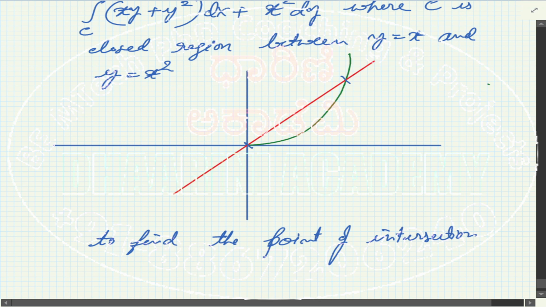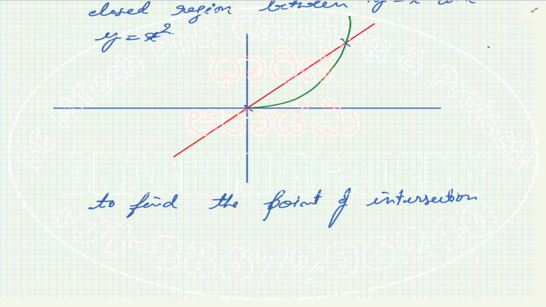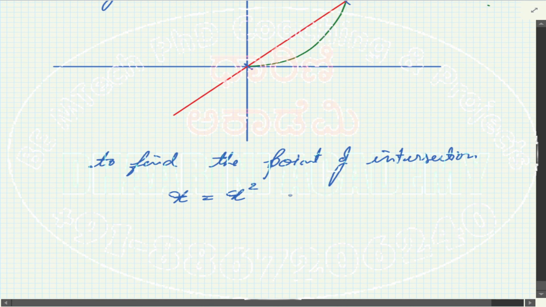y equals x and y equals x squared. So the first is y equals x, the second is y equals x squared. x equals x squared, so this implies x squared minus x equals 0.